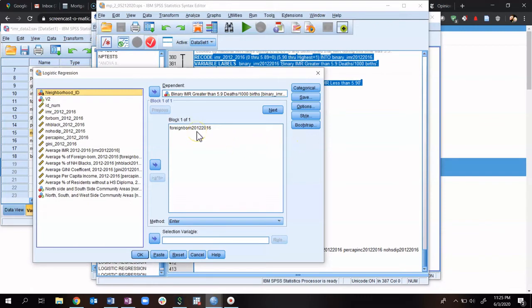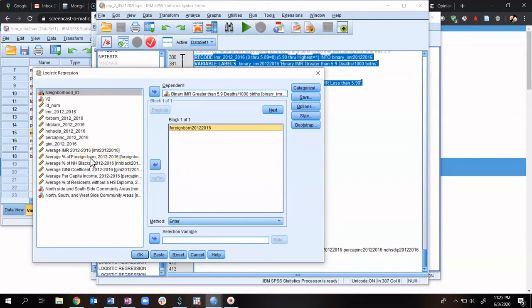So don't send me a panicked email until you figure out if you are using the right regression, because that's just silly. Okay, so I've got my dependent variable binary IMR in here. We really do want to make sure we get that binary measure in, because if you use the non-binary, the continuous or interval level measure, your regressions are going to be messed up. And then our new foreign-born measure, it's not really new, it never left.